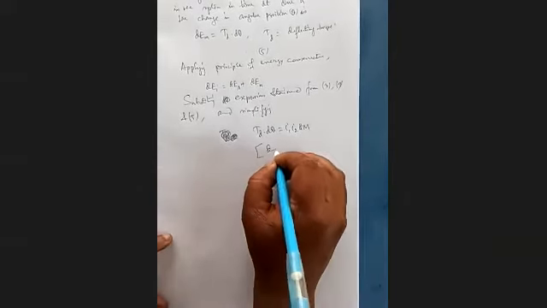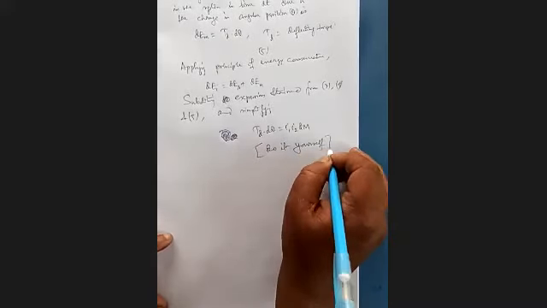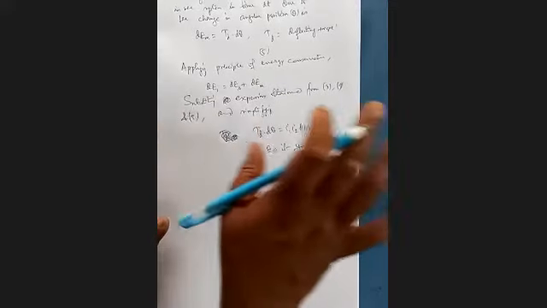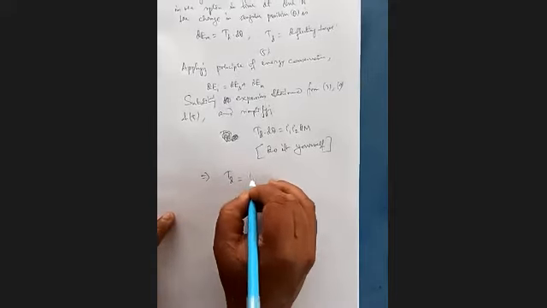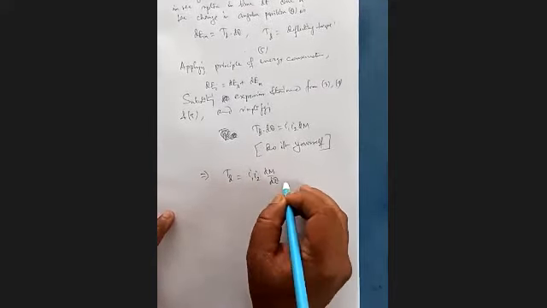So do it yourself. Just put the values, very easy. So finally we get TD equals I1 I2 dM/d theta.